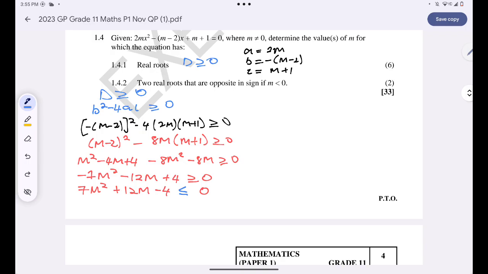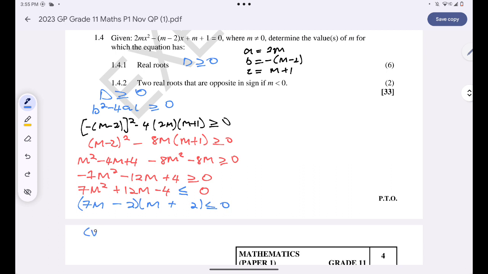And then all you need to do now is to factorize. You have 7m, you have m, 2 and 2 there. The sign says minus, so your brackets will have different signs. You'll have a plus and a minus there.